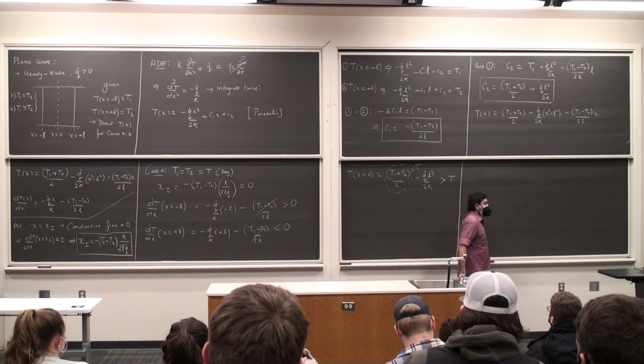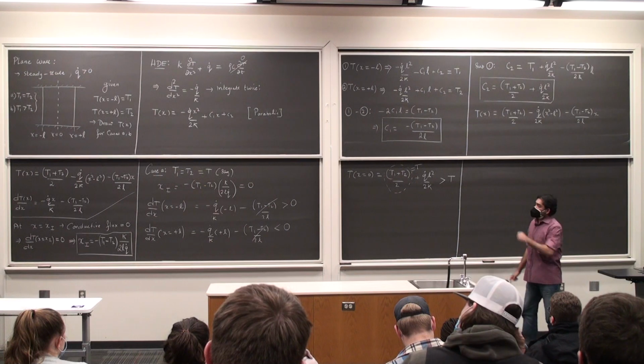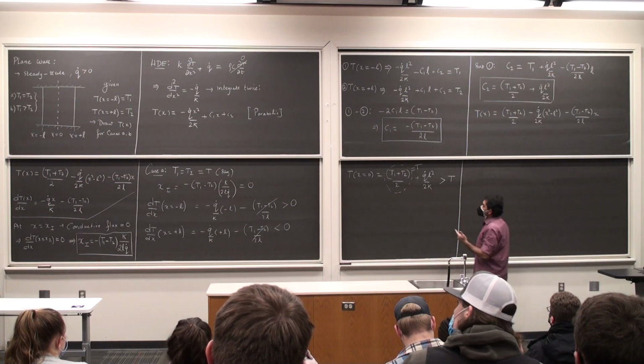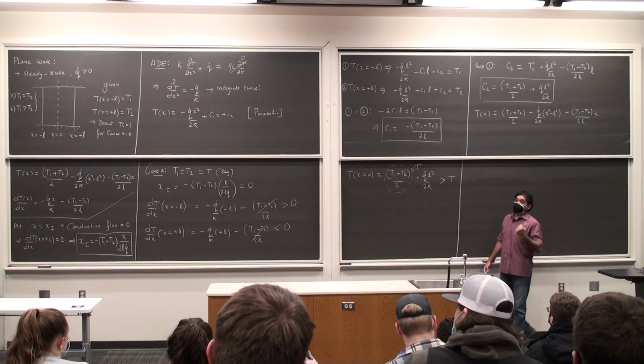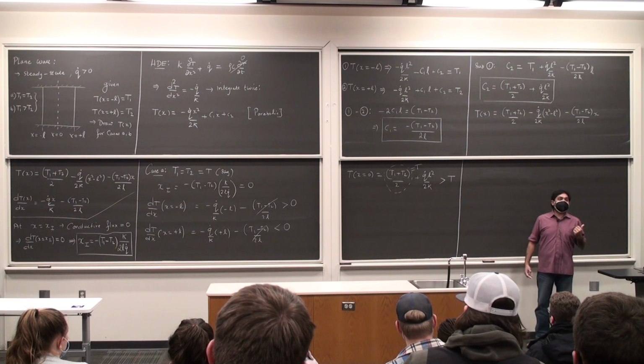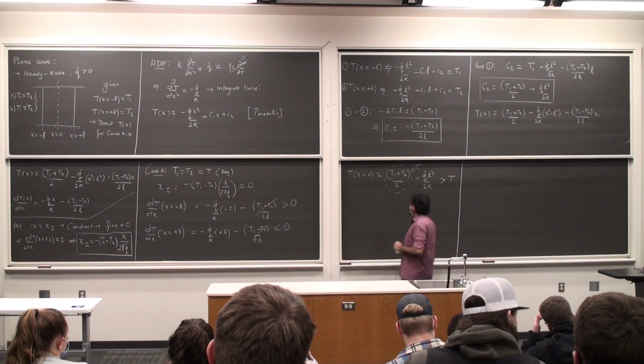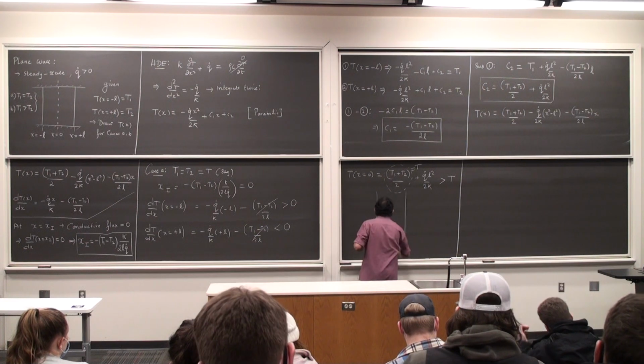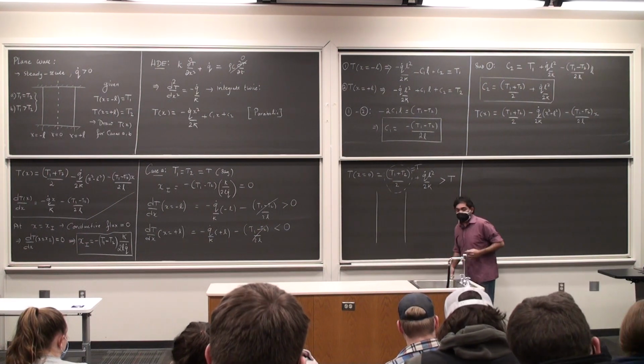And now we plot the temperature profile. I know it's parabolic. I know the direction of the slope at x equal to minus L and x equal to plus L. I know the slope at x equal to 0 is 0. Top and the bottom are insulated, so I don't care.